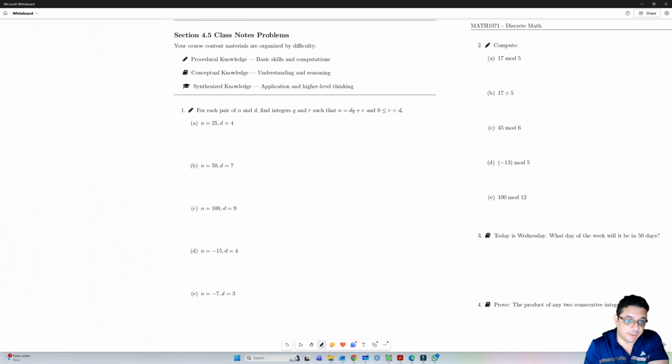So for example, if we have numbers 25 and 4, I'm essentially trying to set up 25 to be equal to 4 times some number q plus r.